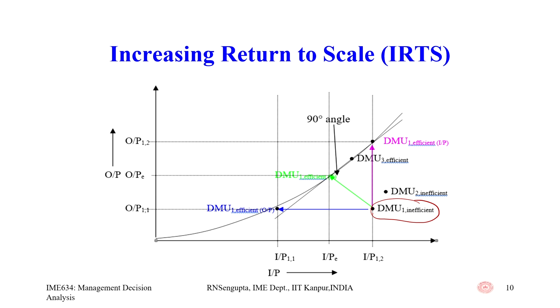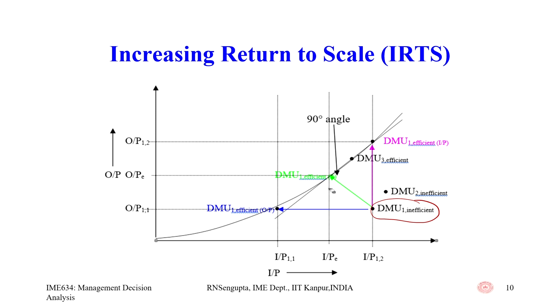One is moving vertically up, which is the pink line, going horizontally left with the blue line, and going radially, which is the green one. And if you notice, the pink one is marked as DMU 1 efficient IP, which is input oriented. The one moving to the left, the blue one, horizontal left, is DMU1 efficient OP, which is output oriented, and the green one is again tangent, 90 degrees onto the curve. This angle is 90 degrees.